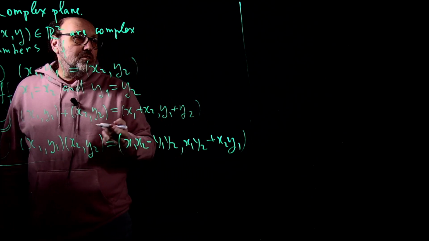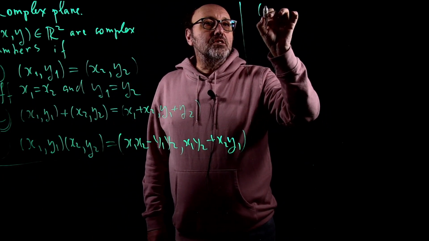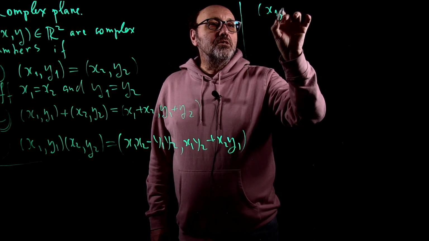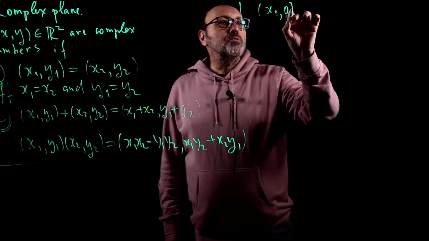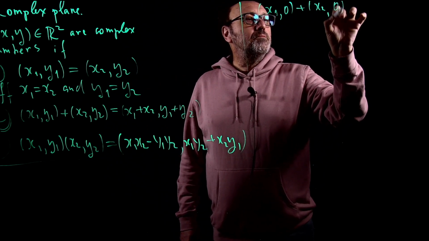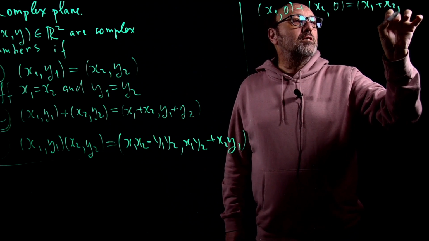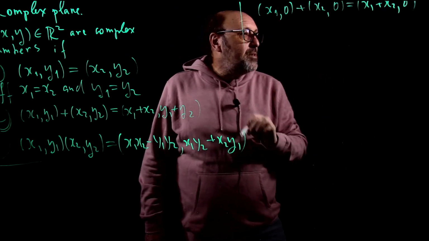Of course, the first remark is that if we consider the couples of special form (x1, 0) and take the sum, then we obtain a couple which is again of the same form.